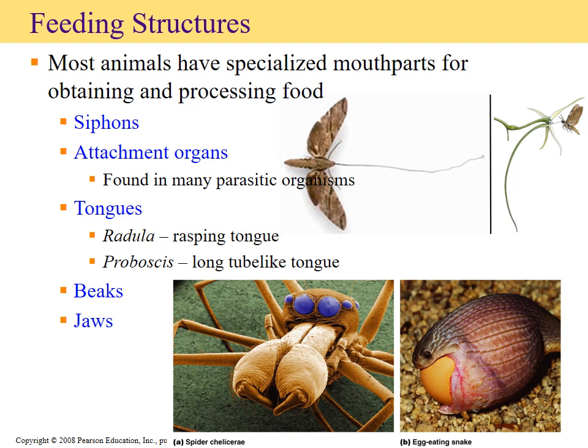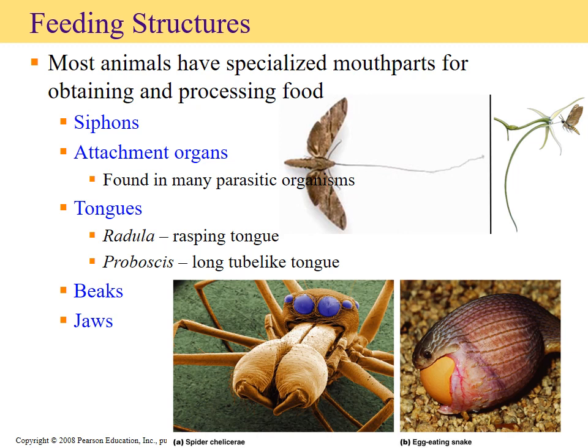Now, oftentimes, to assist with our mechanical breakdown of the food, so to create that churning motion and tearing motion to break the food apart in a mechanical sense, we can look at different feeding structures. So for instance, we can take a look at our mouth, we can look at the use of our tongue to slush the food side to side. Our teeth are definitely good examples of items that we can use for mechanical breakdown.